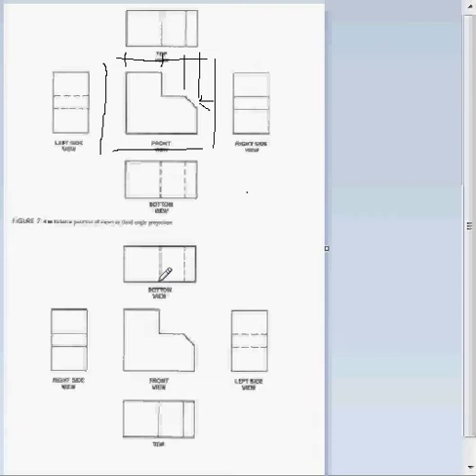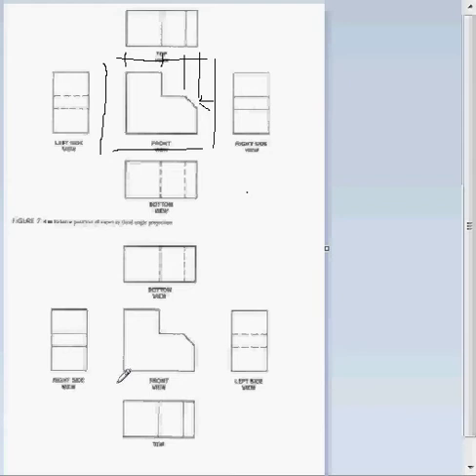I will not have you doing any prints that are in first angle projection. We're going to do everything in third angle projection. Now, this doesn't mean you won't run into this at some point. One of my jobs, whenever I worked at Premium Allied Tool, was making customer prints. A lot of prints came in from overseas.